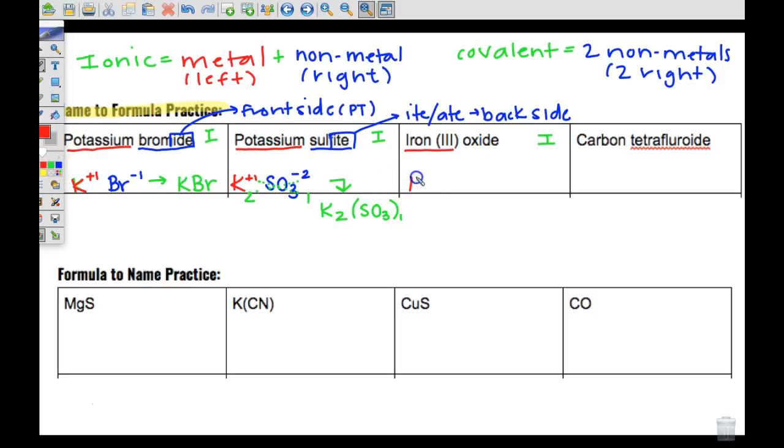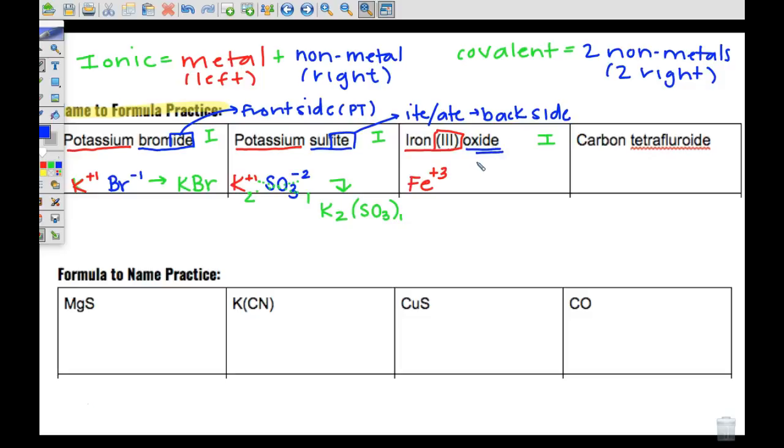So I'm going to write the symbol for iron, which is Fe, but then there really is no pattern to the middle of the periodic table, which is why I have to give you the charge as a Roman numeral. So 3 lines next to each other stands for 3, so this is iron +3.